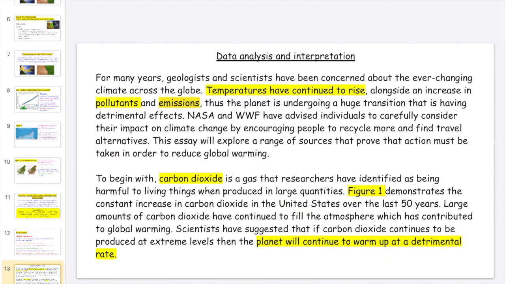To begin, I showed the children how to write an introduction for their essay. I started off with the reasons why we were writing the essay.